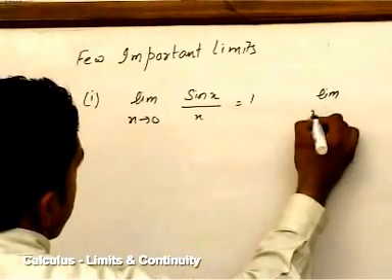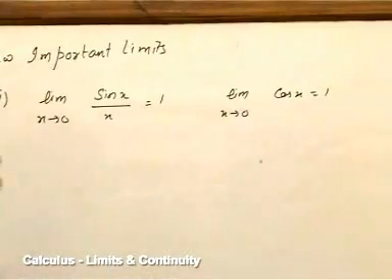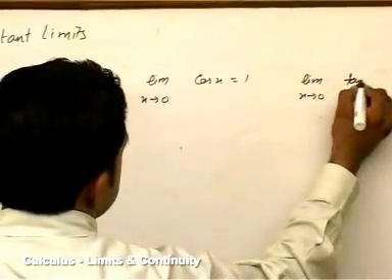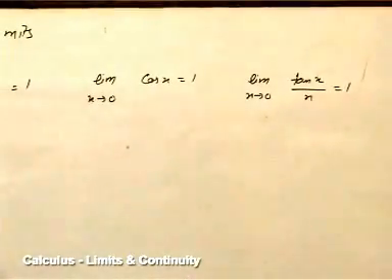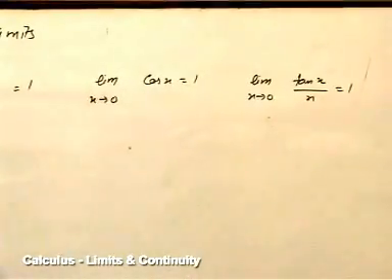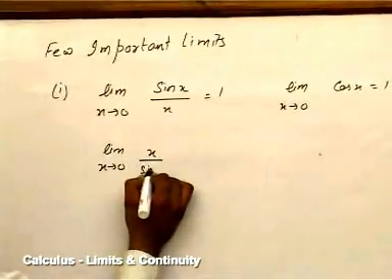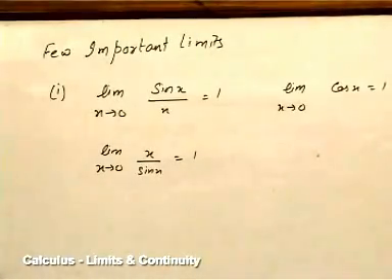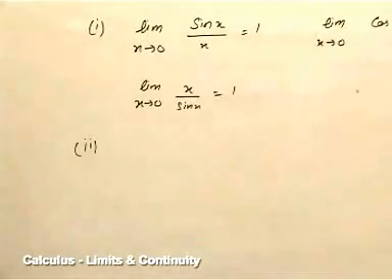Limit x tending to 0, cos x equals 1. Limit x tending to 0, tan x by x equals 1. This also means limit x tending to 0, x upon sin x is 1, and so on. The reciprocal might be taken. These are called the trigonometric limits.